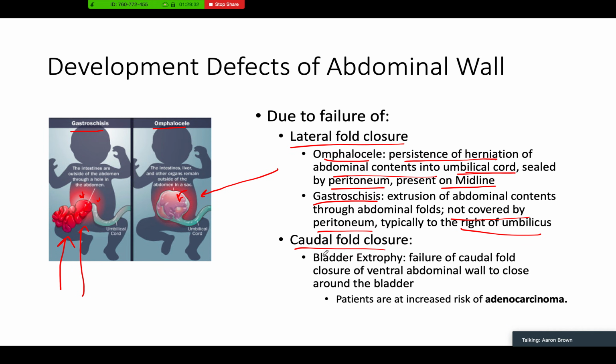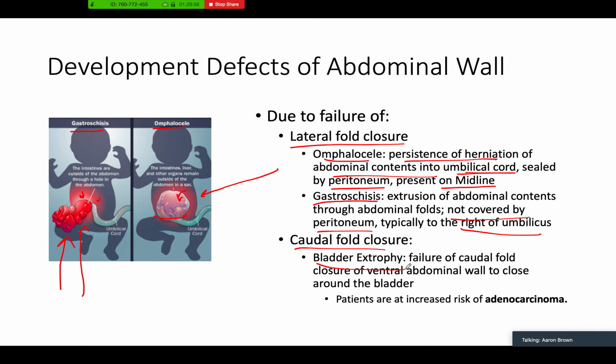Our caudal fold is a fold down here just above the bladder, and if that fold doesn't close sufficiently, we can have bladder exstrophy, where part of the bladder is exposed to the air. Okay, and so the repair for that is very easy. You just basically tighten up the skin above the exposed bladder and you're fine.